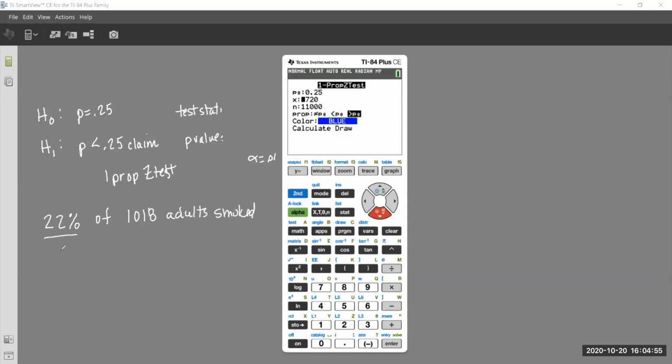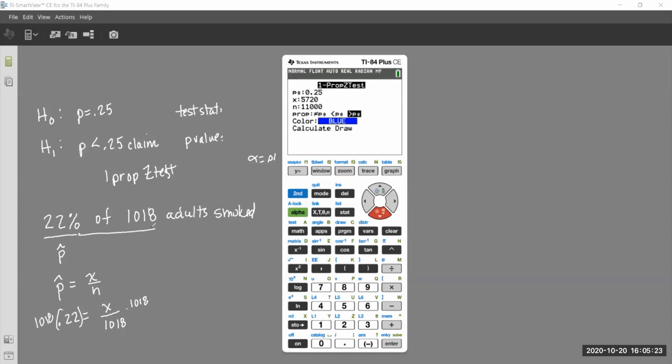They told us what the sample proportion is. So there's 2 ways you can do it. You have P hat equals X over N. So 0.22 equals X over 1,018. And then when you solve that, you'll do 1,018 times 0.22.